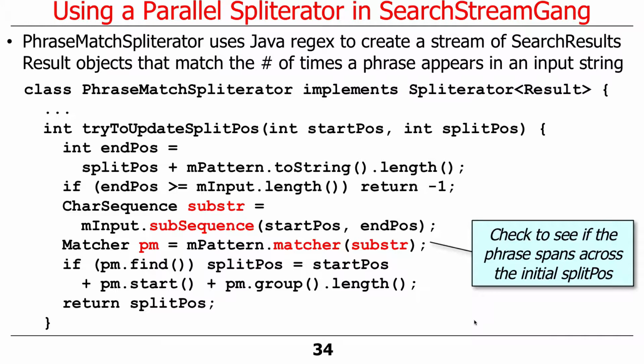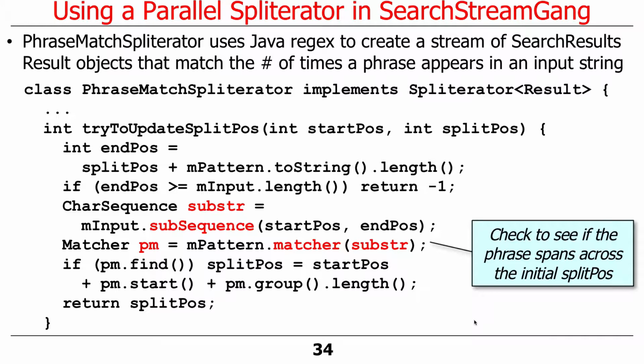And if it's not found within the region, then we know it doesn't straddle the split. If we do find it within the region, then we have to go ahead and update things to take into account where the match occurs. And so we'll then basically end up making the split pause be at the place where it's going to straddle. So we make sure we don't split across the phrase. So that's what all this is doing.